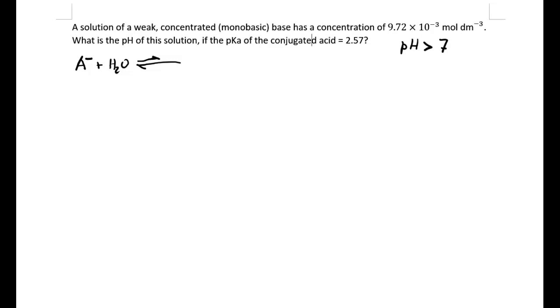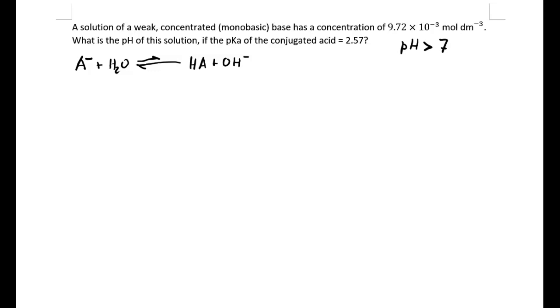And we would get the conjugate acid plus OH minus. Now, of course, we've got OH minus, we don't have any proton concentration, so we need to bear that in mind when we use our pH calculation.